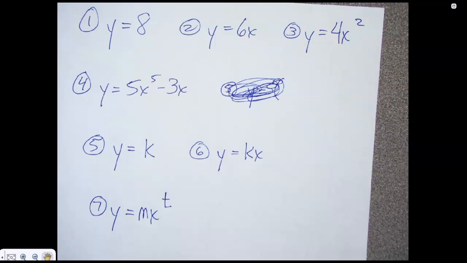I put 3 more up there. So there was the 4 I wrote originally, but I just added 3. Make sure you see the 3 I added too. Same idea, just letters instead of numbers.